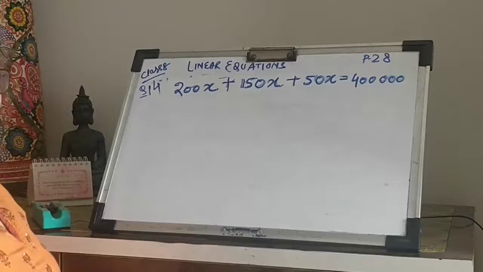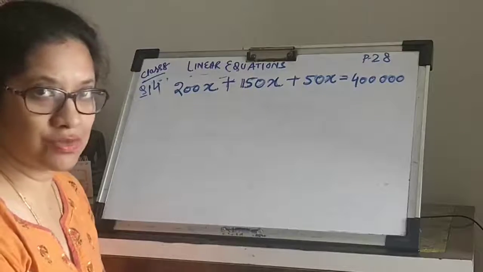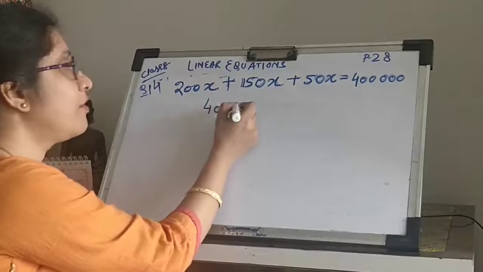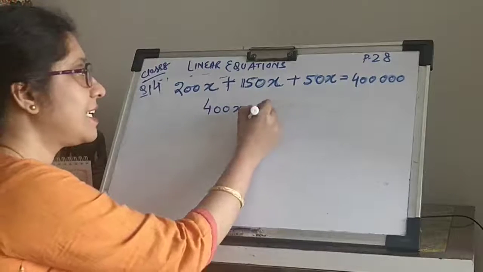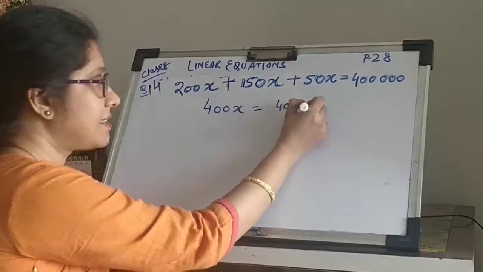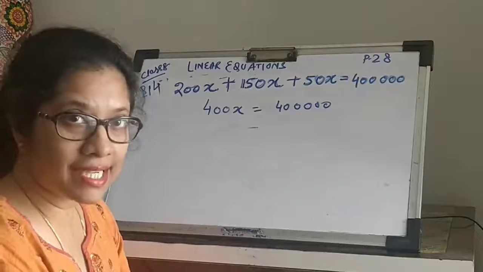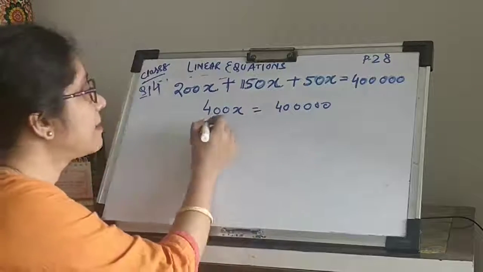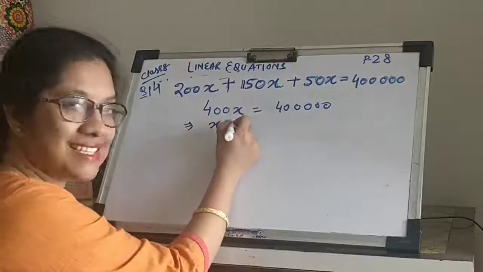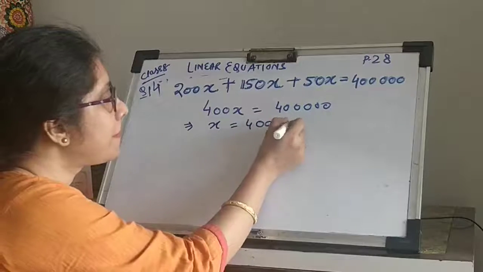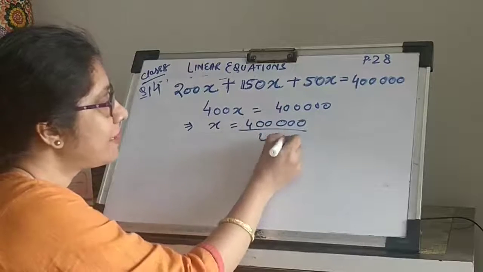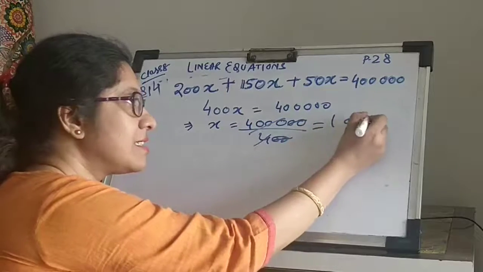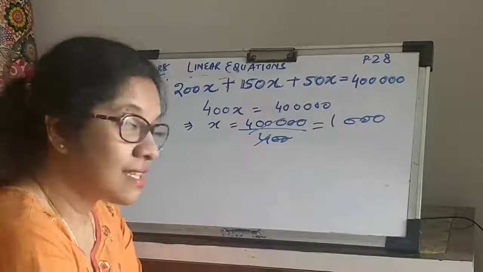So this is my new equation, and all I need to do is solve it. So what does it become? 400x is equal to 4 lakhs. That is, x is equal to 1000. What is x? 1000.